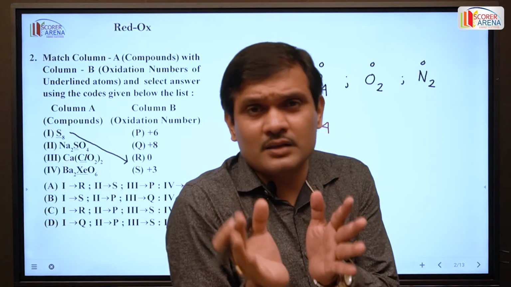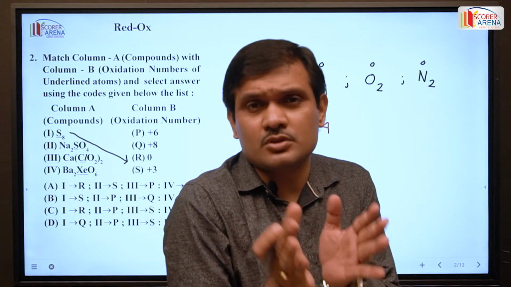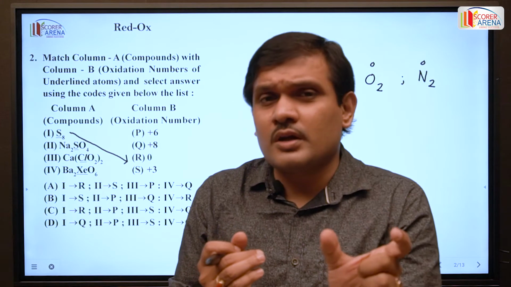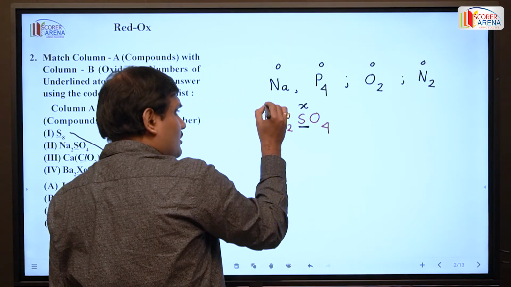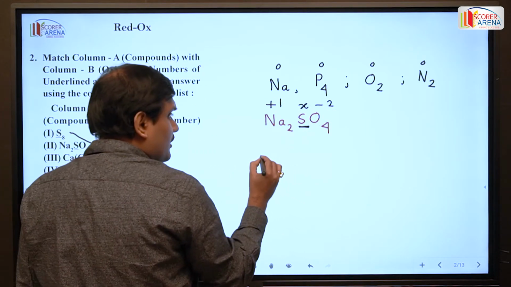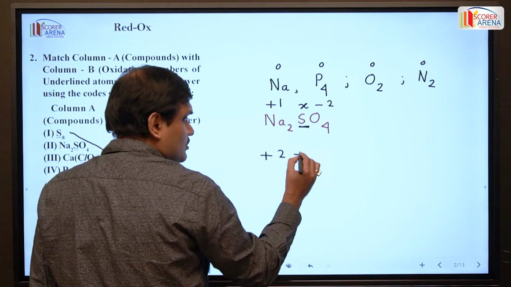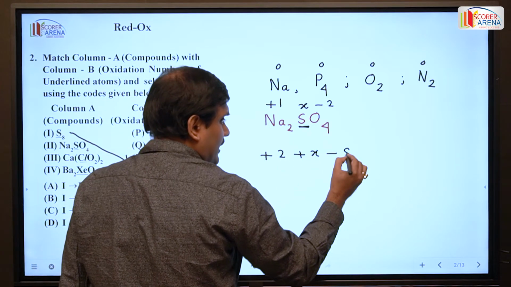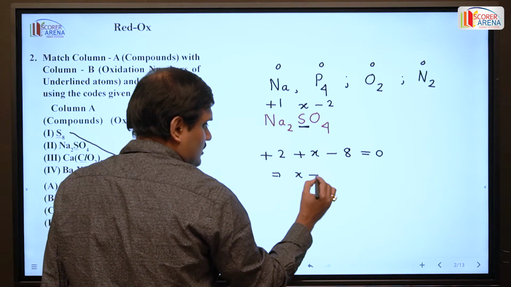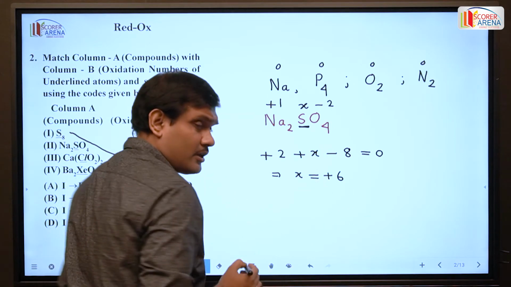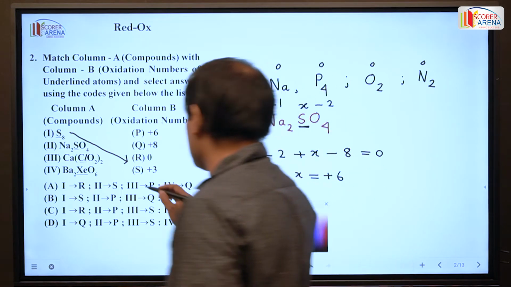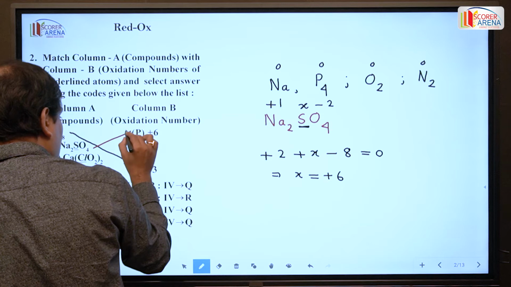For metals, we take the oxidation number as positive, so all group 1 metals exhibit an oxidation number of +1. So sodium is +1, and oxygen is -2. So it will be sodium +2, sulfur X, oxygen -8, and the whole value equals 0. So we get X equal to +6. So no doubt, in Na2SO4 sulfur has oxidation number +6. So this matches with P.